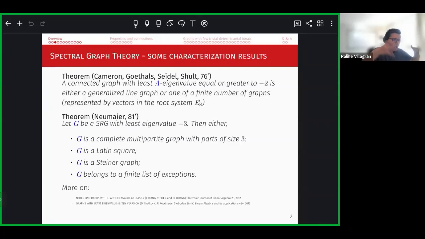If we impose more conditions, like for instance, if we talk about strongly regular graphs with least eigenvalue equal to -3, then we have this characterization in particular. So we want to find analogous results for determinantal ideals of graphs, but I'm going to get to it.